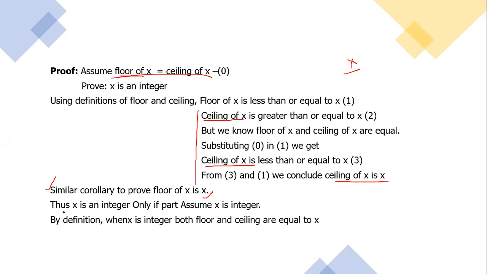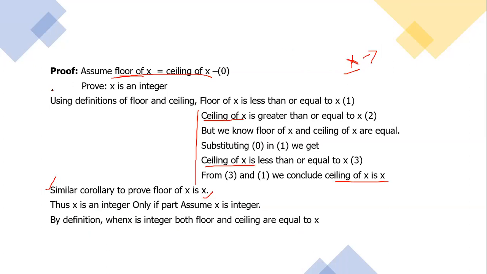Thus x is an integer only if part: assume x is an integer. By definition, when x is an integer, both floor and ceiling are equal to x. With the definition, we can say that if both the things are equal, then definitely x will be an integer, no floating or any other numbers.